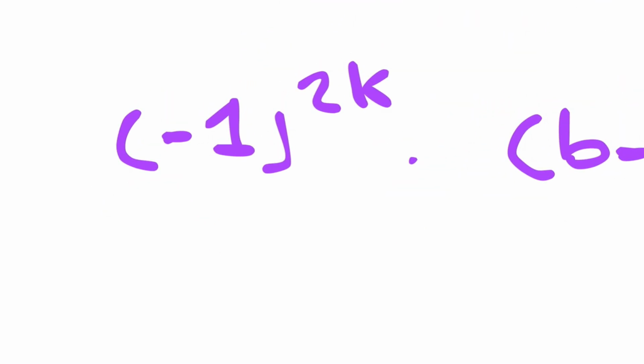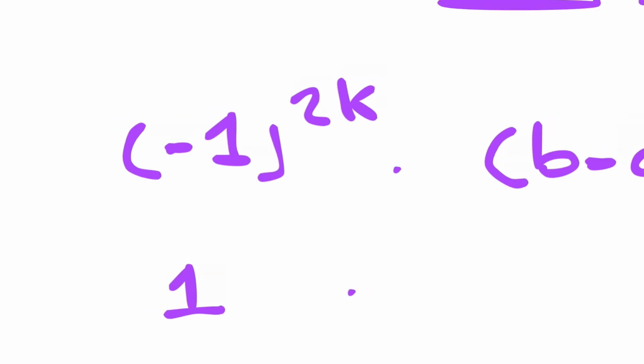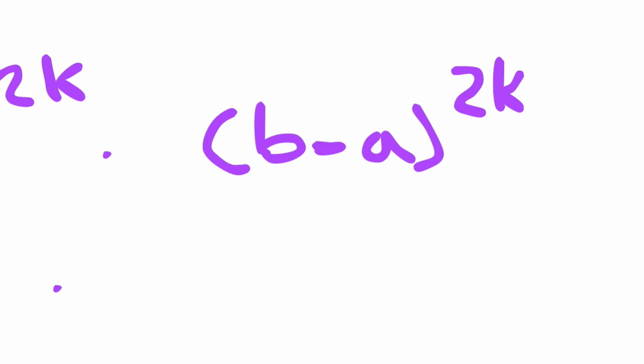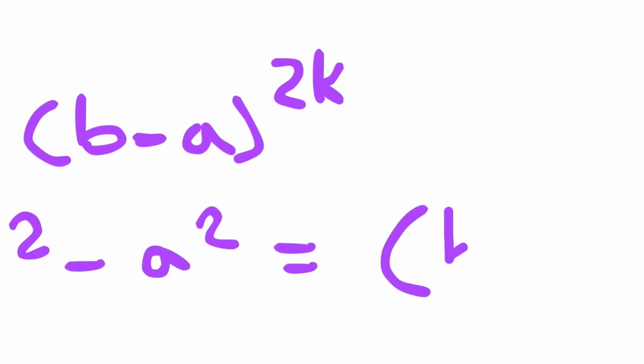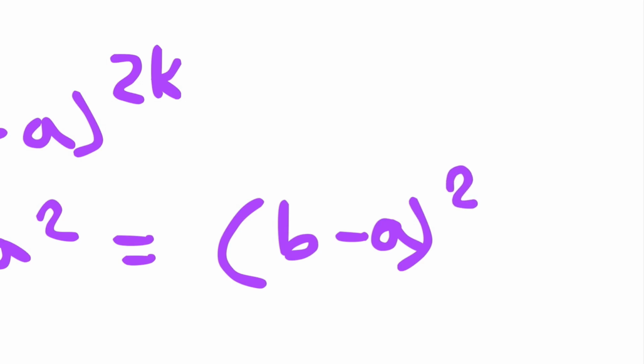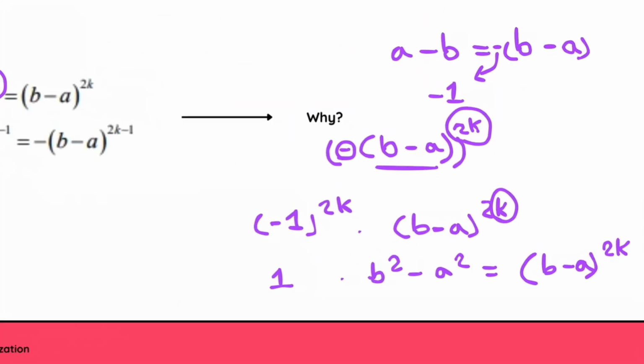(Minus 1) to the power of 2k, because 2k is an even number, is going to be 1. And this one, because the power is an even number, also will be b to the power of 2k minus a to the power of 2k, which can be written as (b minus a) to the power of 2k. And this is why this works.